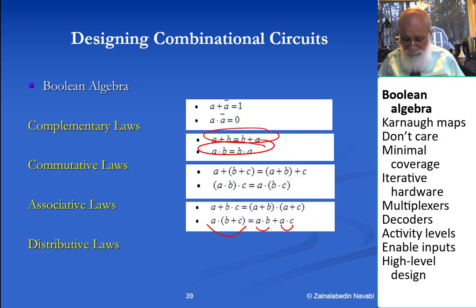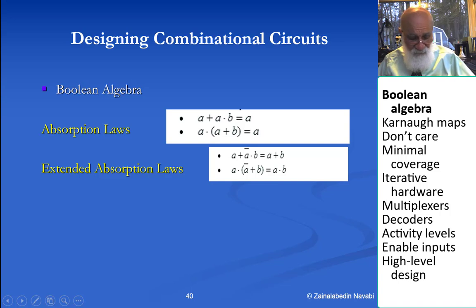Or another way of looking at this, going to the left side, is factoring A, B, or C. And the same thing works for ORing and ANDing. So here you have the first one, you have A or B and C. You can turn that into A or B and A or C. This is called the distributive law.